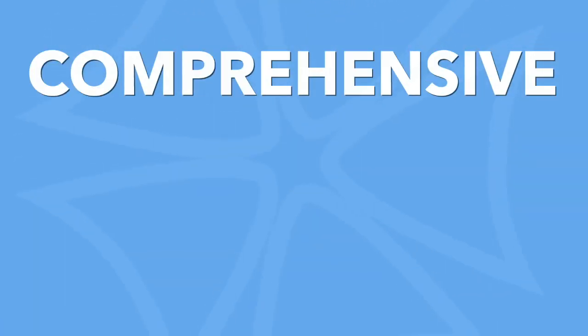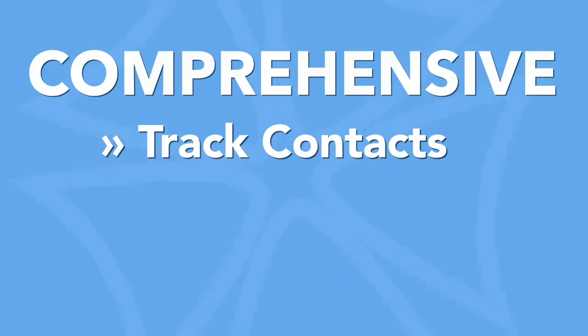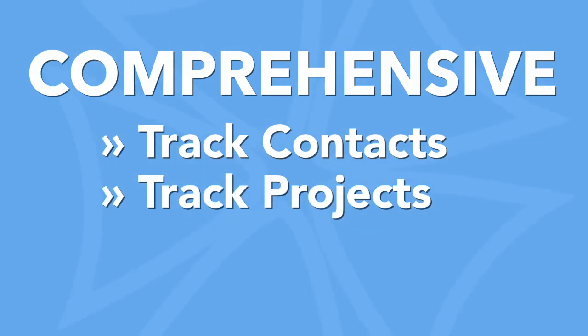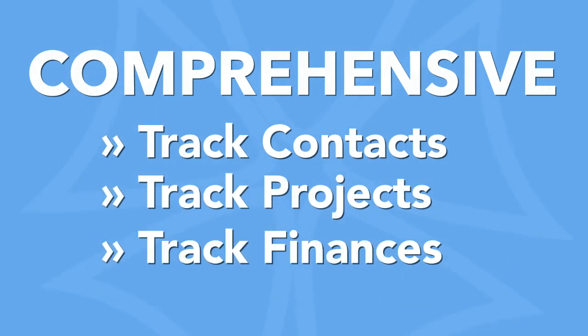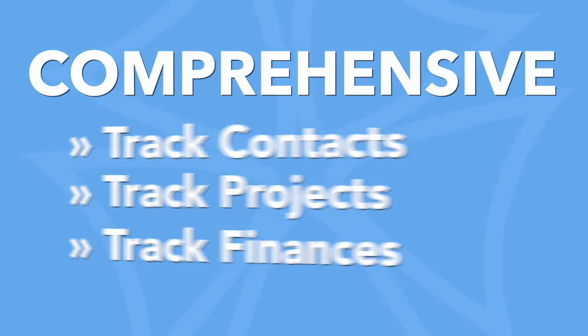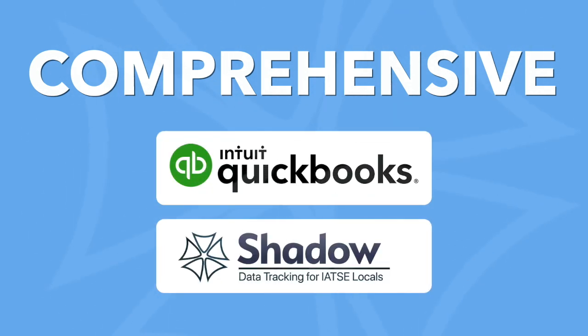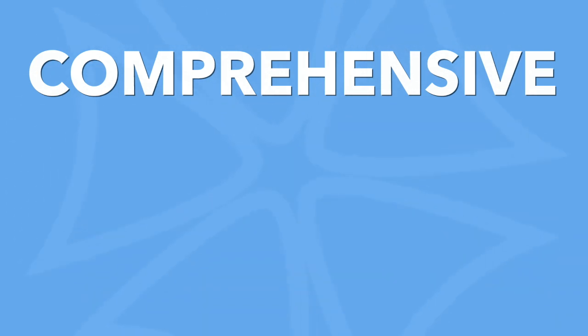describe this solution. Shadow is a comprehensive solution that provides a clear assessment of the overall state of your local. It was built to track all of your contacts and projects and provide a level of financial tracking. While it does not replace QuickBooks or similar financial software, Shadow can be used in conjunction with these accounting systems to reconcile your financial accounts.